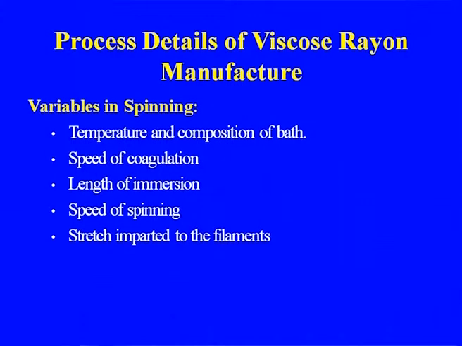What are the various variables involved in the case of viscose rayon? In the spinning process: temperature and composition of the bath, speed of coagulation, length of immersion, speed of the spinning, and the stretch imparted to the filament, which, as I told you, is also very important. These are some of the parameters which affect the spinning process.